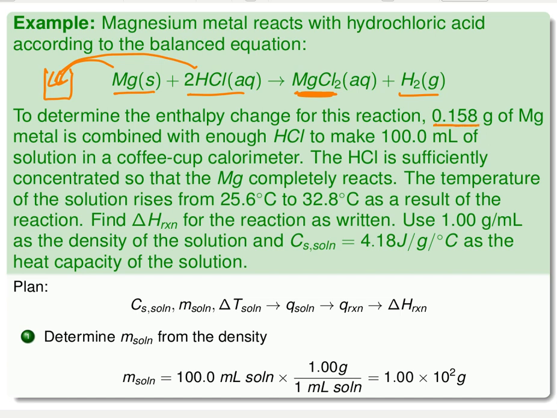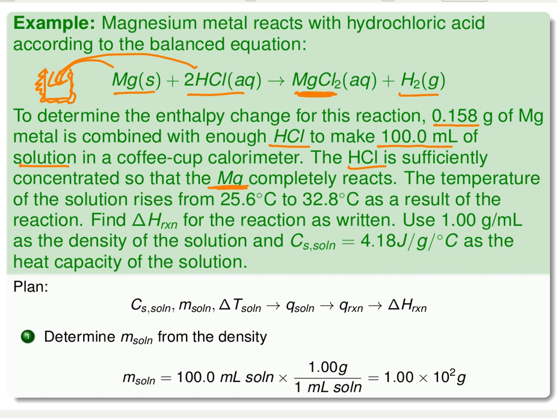0.158 grams of magnesium with enough HCl solution to make 100 milliliters of solution and put it all inside of our coffee cup calorimeter, illustrated here, and I'm telling you that the HCl is sufficiently concentrated so that we're going to use up all of our magnesium, complete reaction, so magnesium will be our limiting reactant.